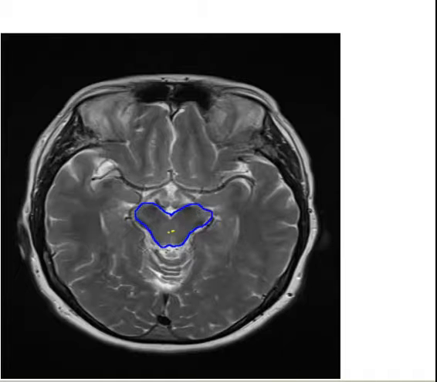The third nerves move anteriorly and exit here. You have the corticospinal tracts in this brown colored region.